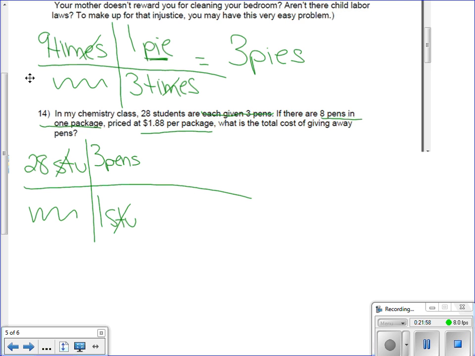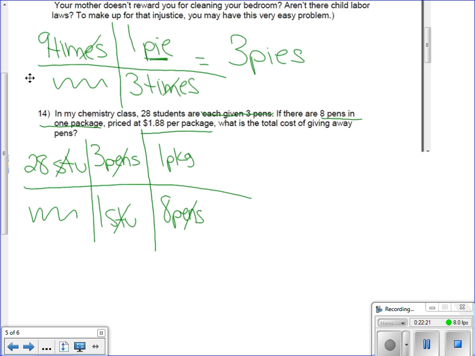All right. It says, what is the total cost? So we want to end with money. We're at pens right now, so we need another box. What do we know about these pens? That there's 8 of them in one package. So right now I have pens on top, so I need to put 8 pens on bottom. And that's equal to 1 package.